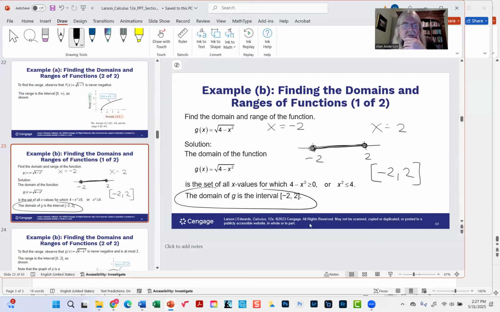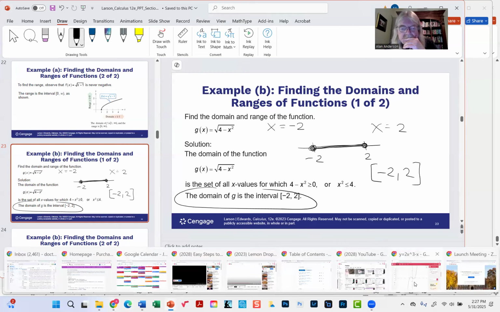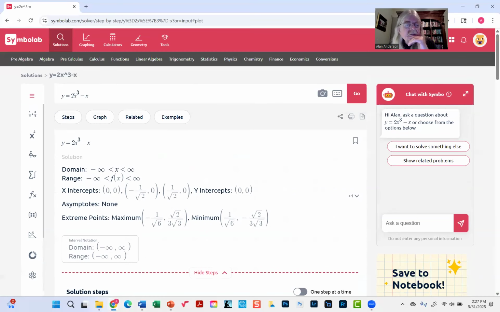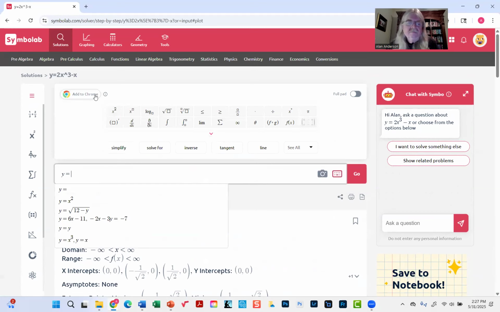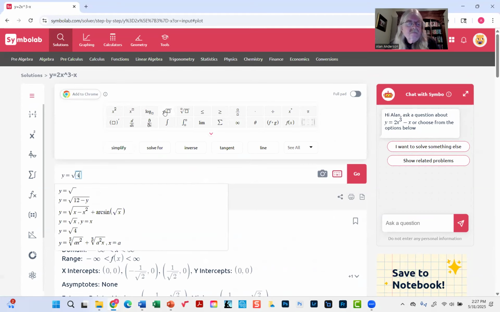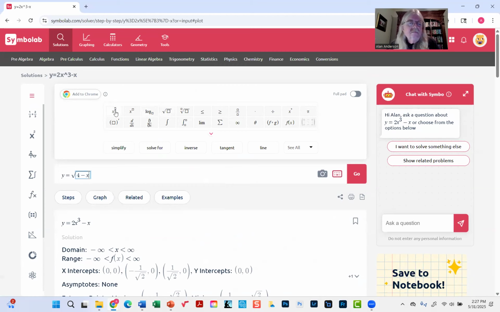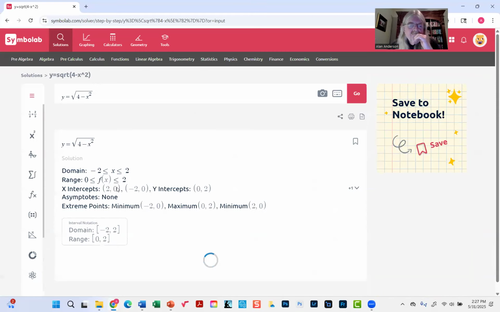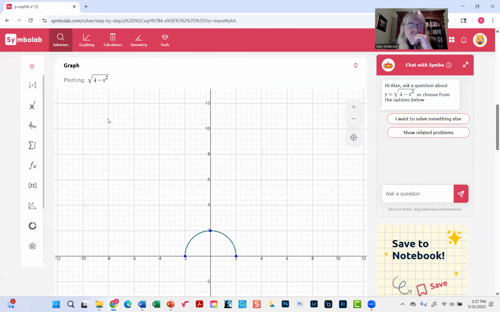So if you want to look at a graph of this in Symbolab, just to convince yourself this is right, yeah, that's an interesting function.